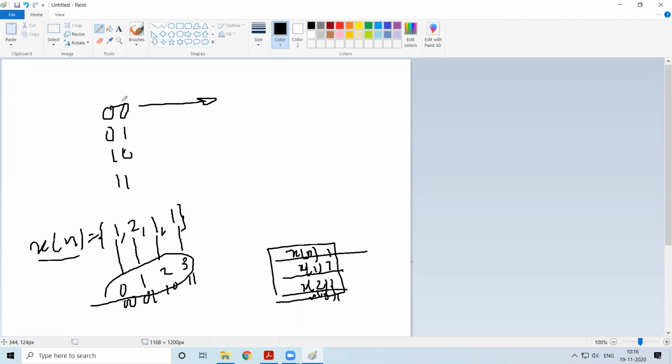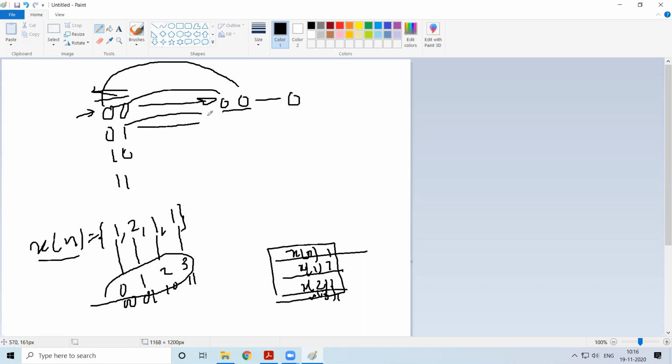When you are operating in bit reversed form, these sequence numbers which are in binary, instead of writing them in this form, you write them in the reverse form. That is, first the LS bit and last the MS bit. So this will be 00, which in decimal is 0.